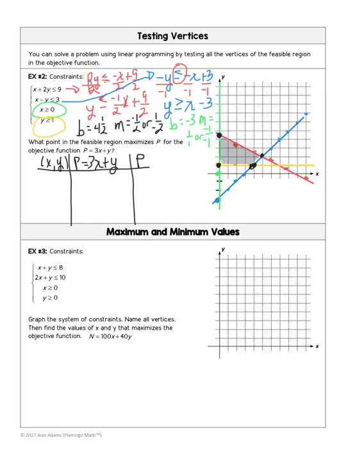So our first ordered pair, right here, is 0, 1. So we're going to go ahead and plug that in.